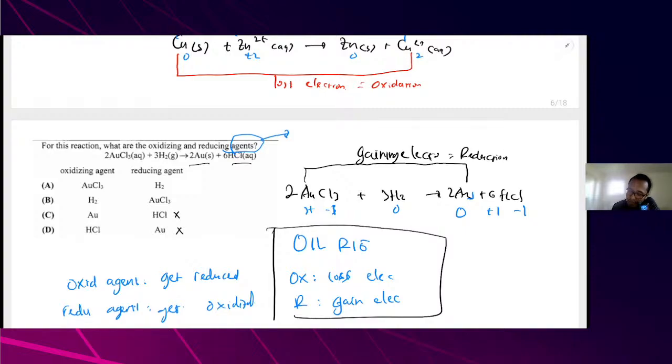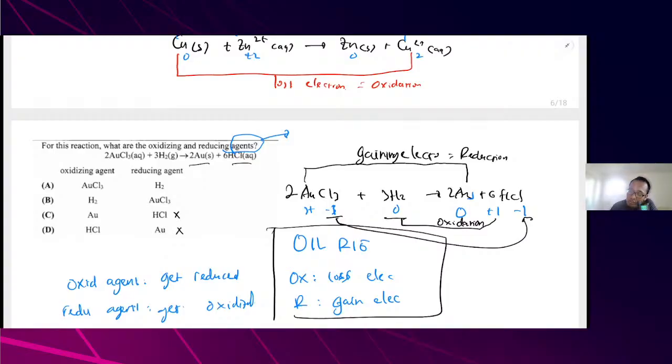How about the Cl minus? Cl minus is still remaining over here. However, how about the H2? H2 is the opposite. From 0 to +1, which means it lost 1 electron. So this one is oxidation. Now we're good.